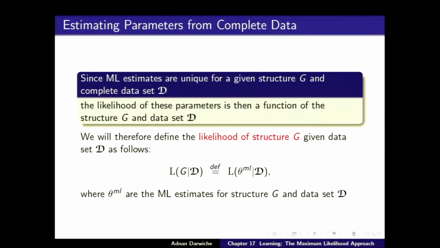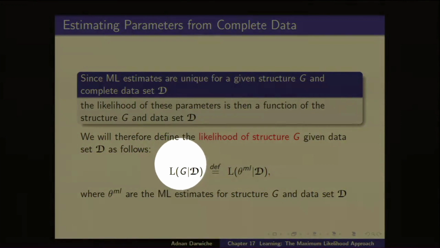But since these parameters are unique, that likelihood is now a property of the structure itself. So we would write this. We would ask, what is the likelihood of that particular Bayesian network structure, given a particular data set? The meaning of that is, go ahead and find the unique maximum likelihood estimates for that structure, plug them in, and compute the likelihood. So it is the likelihood of the unique maximum likelihood parameters.